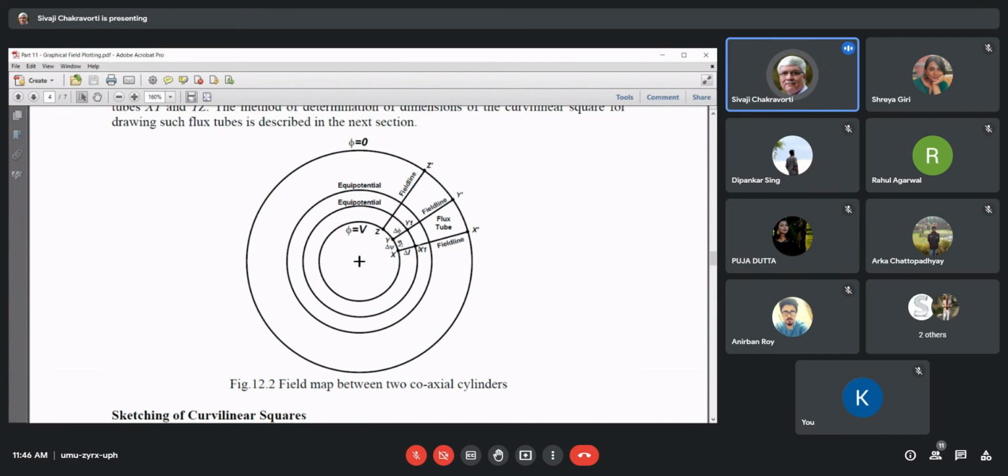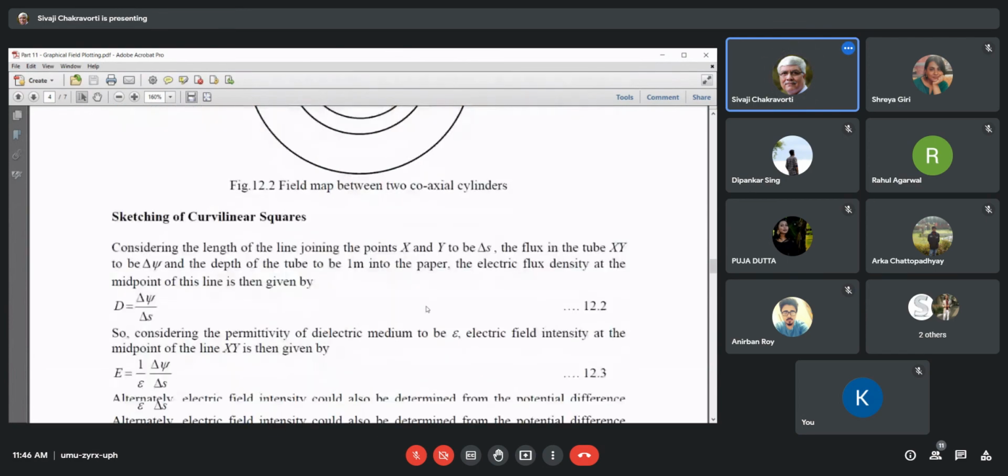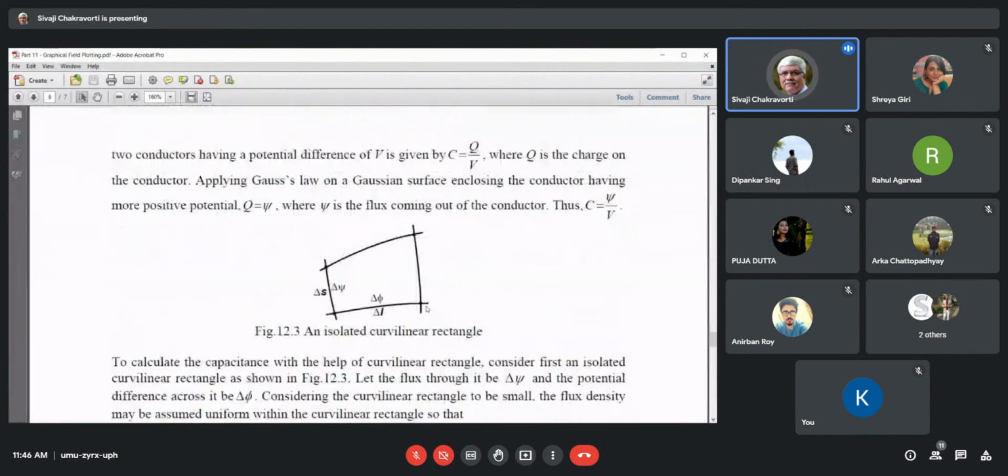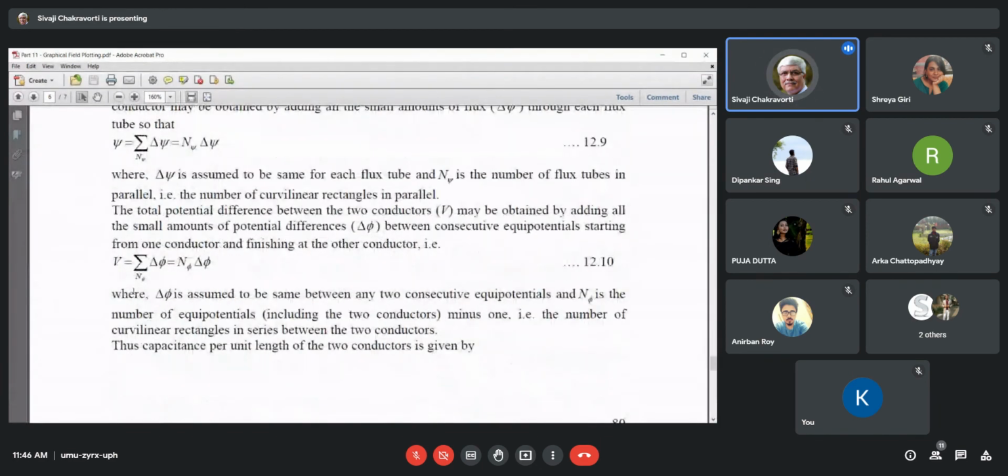So if I keep on adding all these potential differences for all the rectangles in the field line direction, and there are a number of such rectangles along the equipotential direction, and a number of rectangles along the field line direction, then adding the potential difference for all of them, I get the potential difference V. So that's what is written here. So V is nothing but N phi into del phi.